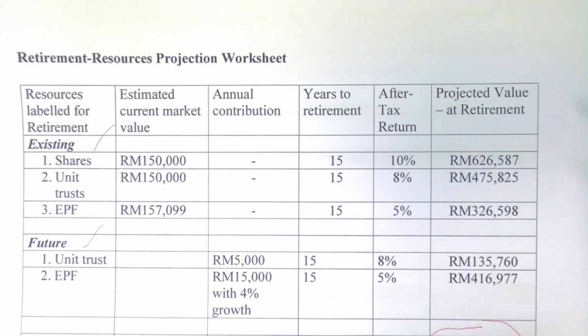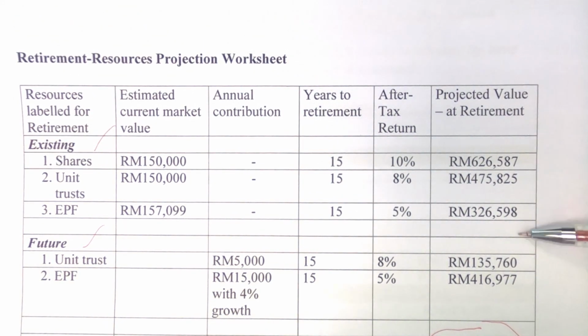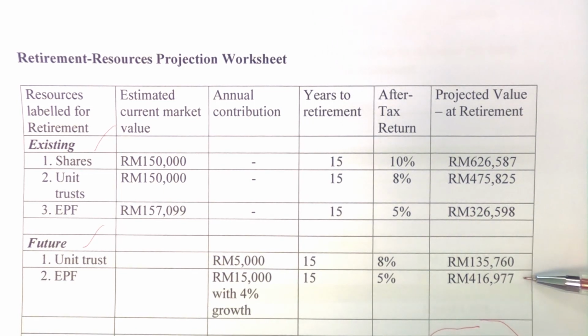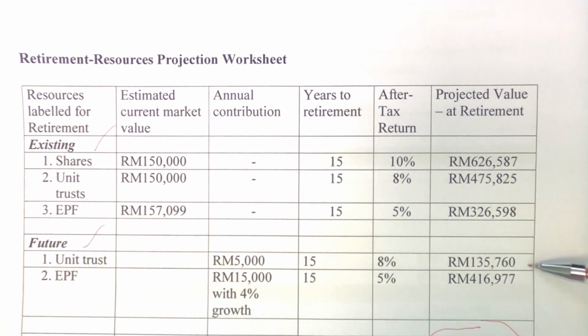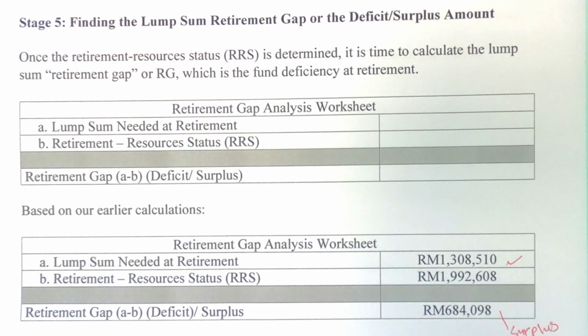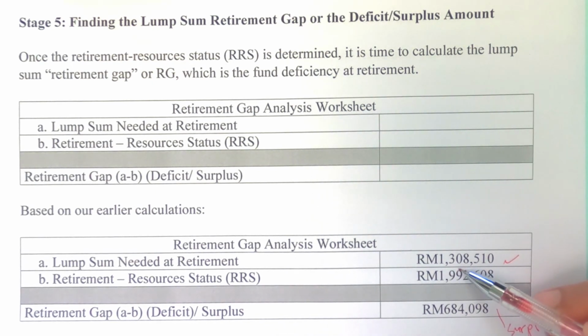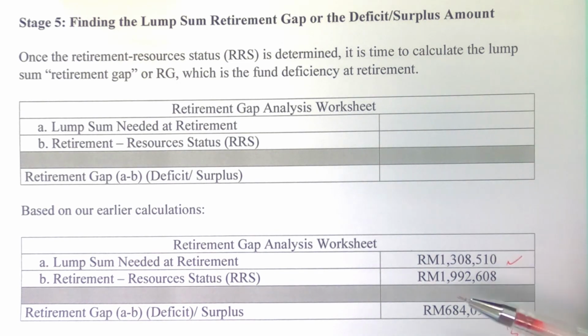And we compare this with the retirement resource status, RRS, in the previous document. You can see this is the existing value of the retirement and the future value of the future resources at the retirement, and the total is 1,992,608, which means once they reach the retirement, the lump sum needed at the retirement is about 1.3 million, but the resources is much higher than that, that is 1.9 million.